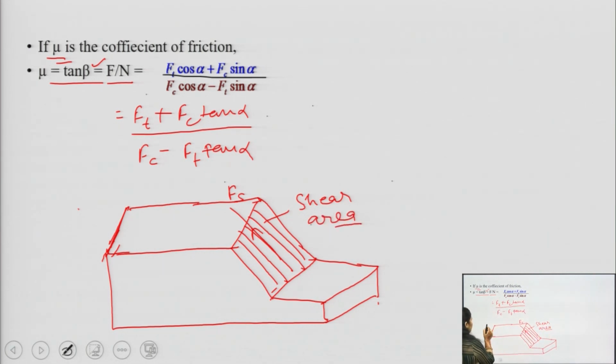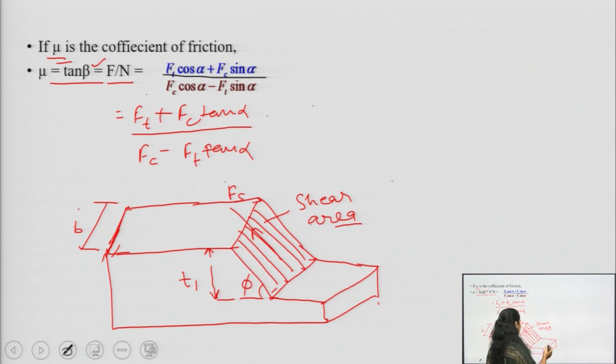Okay. This will become the width B. This will become the angle phi. Phi is our shear angle, and this will become basically the value of T1. T1 is our uncut chip thickness. So, this is our T1 uncut chip thickness. Okay. So, if we write the shear area, okay, this shear area.